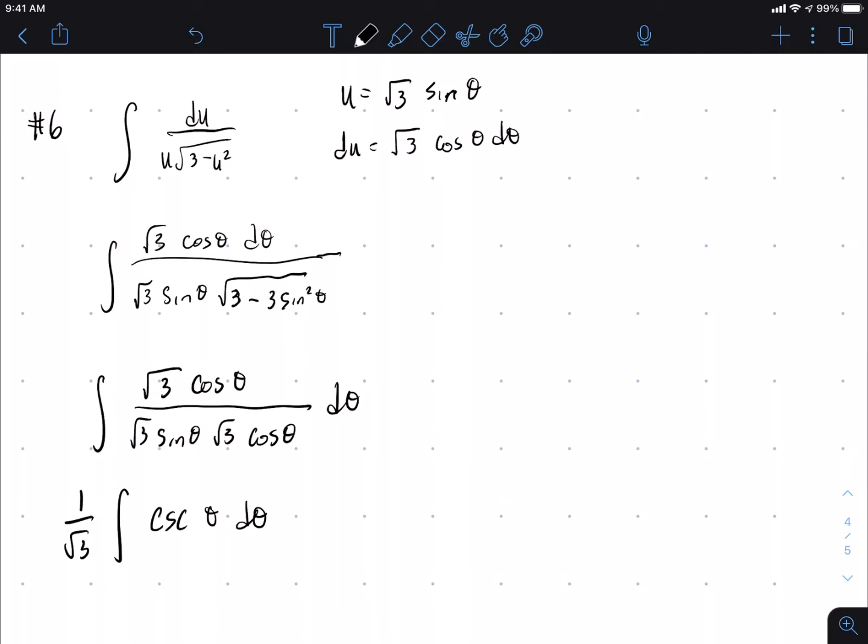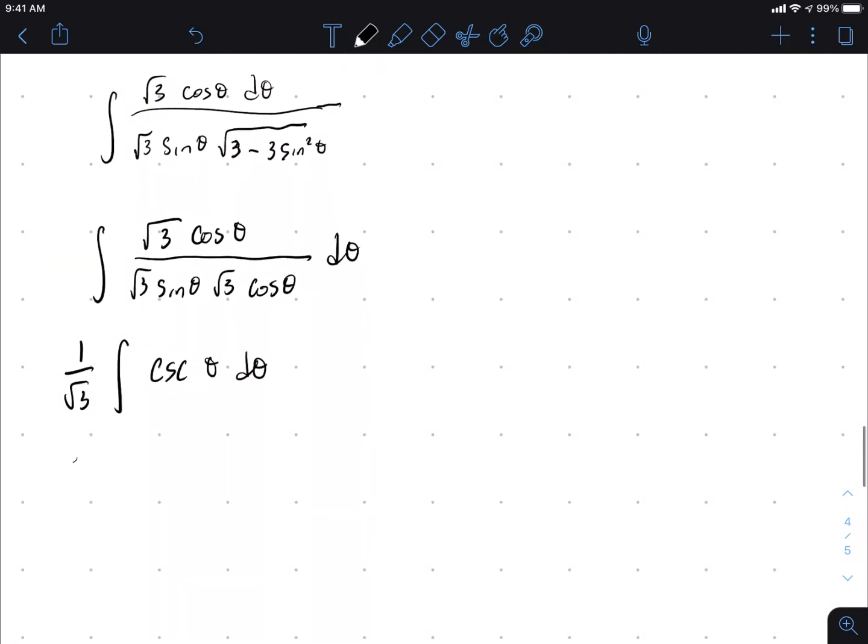And this is the other one that had the trick. Remember I told you when we did secant, we multiplied by secant plus tangent? The trick on this one is to multiply by cosecant minus cotangent, top and bottom. So I'm going to show that to you guys.